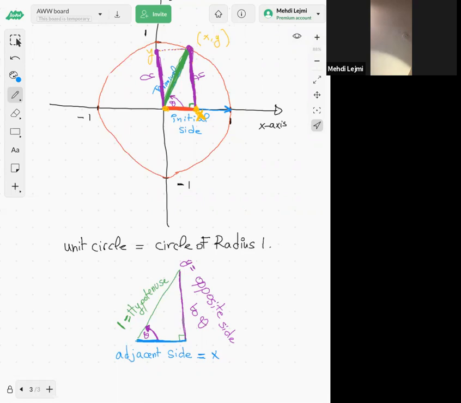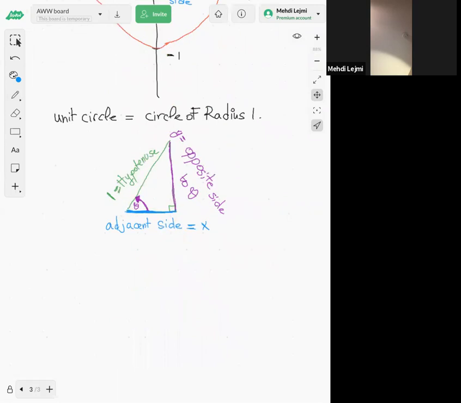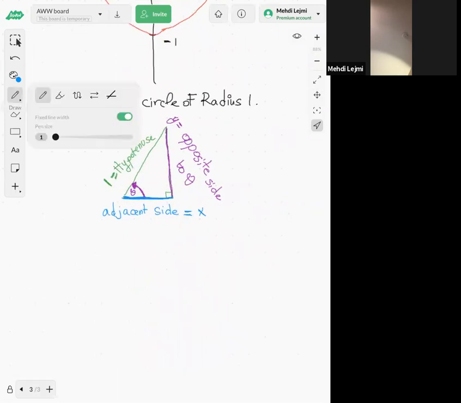Now I can probably introduce my trig functions. So by definition, sine of theta, so sine of the angle theta, here's your angle theta, right? So sine of theta, by definition, is the opposite side.